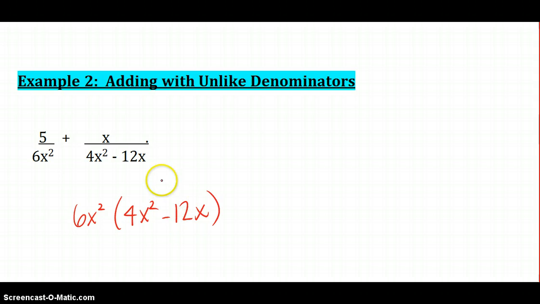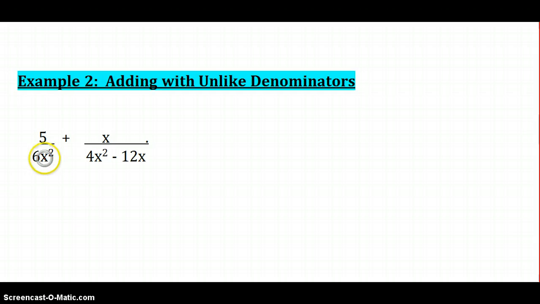In order to get both this fraction and this fraction to have this denominator, you're going to multiply this side by this denominator and this side by this denominator. So with this fraction, you're going to multiply the top and the bottom by 6x squared. Whatever you do to the top, you have to do to the bottom, and vice versa. So on this side, you're going to multiply both the top and the bottom by 4x squared minus 12x.